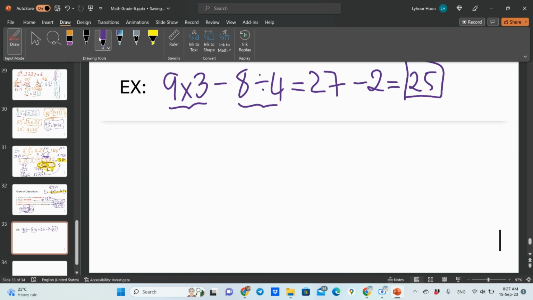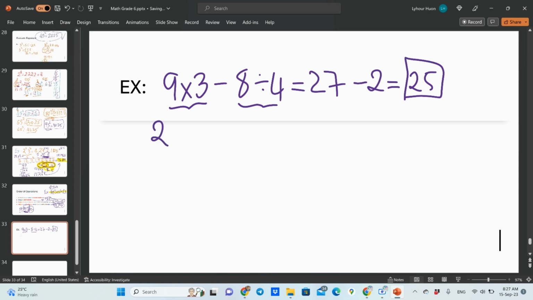Number two, here we have 2 divided by 4 minus 3 divided by 3. What is this equal to?